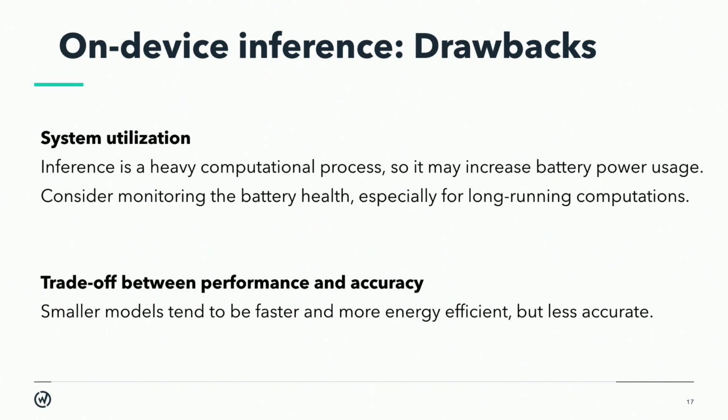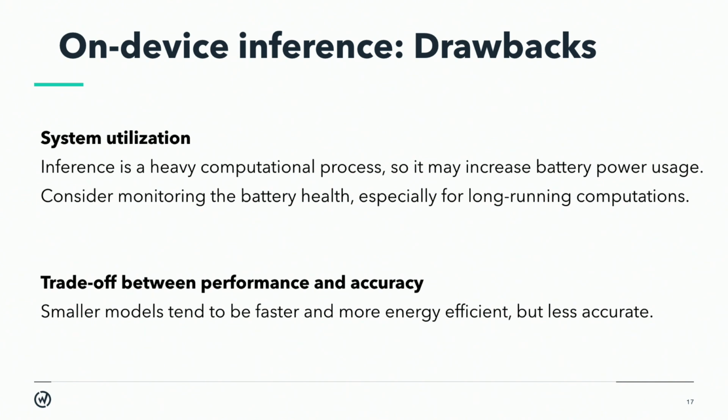But of course, there are also some drawbacks there as well. So we need to remember that even though mobile hardware is advancing really fast, we're still in a limited resource environment. And machine learning inference is a heavy computational process. So we need to really be mindful of how we're using our battery, and make sure to maybe run some benchmarks there as well.